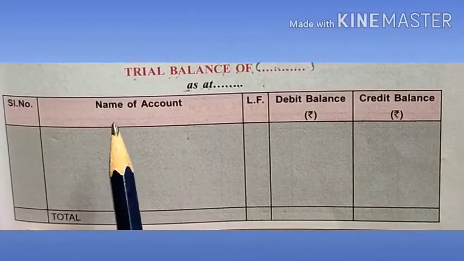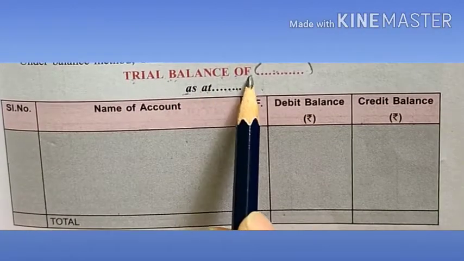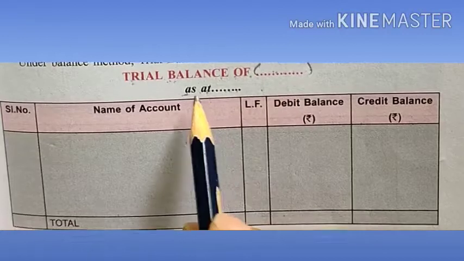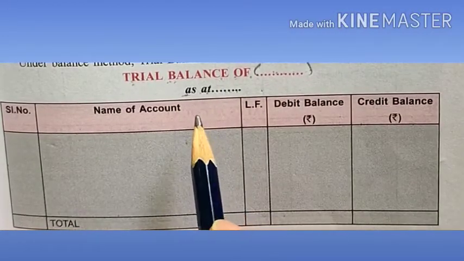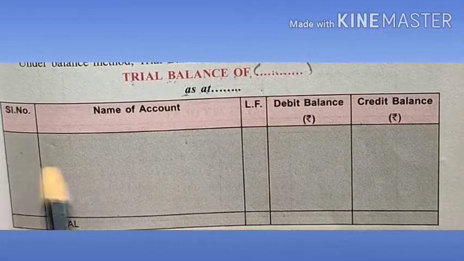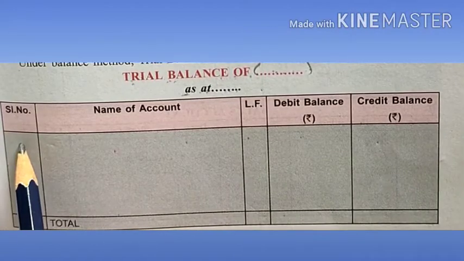So this is the format for a trial balance. We write trial balance of the name of the firm, as at the date. We use the words as at because a trial balance is prepared on a particular date. You have five columns. This is a column for serial number.